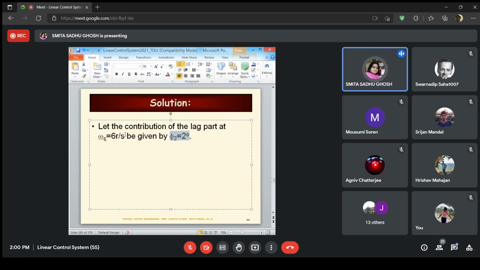So at omega c equal to 6 radians per second, which is a specified frequency, let us say that the lag we would want from the lag portion is phi 2. This is not specified in the problem. This is as per your decision. You would have to decide upon a small value, which is, say, 2 degrees over here.